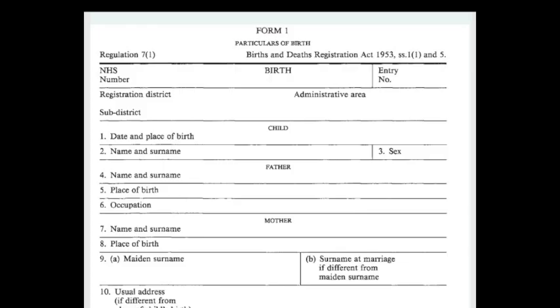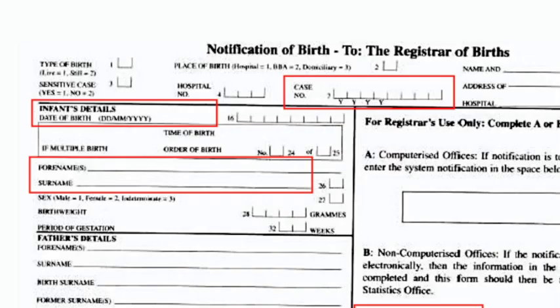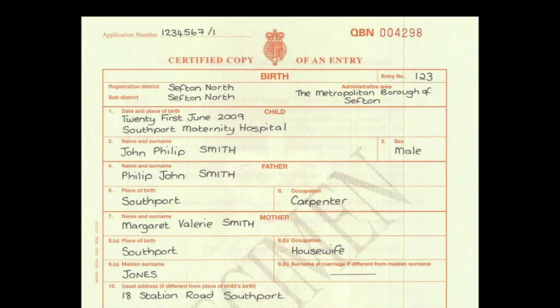And she wrote it on the particulars of birth form. When that particulars of birth form went over to the registrar, it attached itself to the birth notification form. The birth notification form and the birth particulars form creates the certified copy of an entry, which is known and seen as your birth certificate, but it doesn't say birth certificate on the form anywhere.